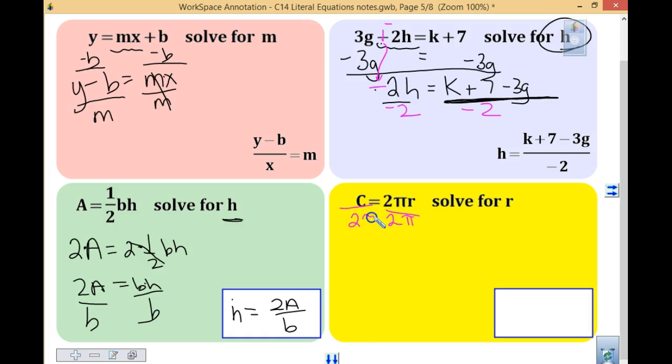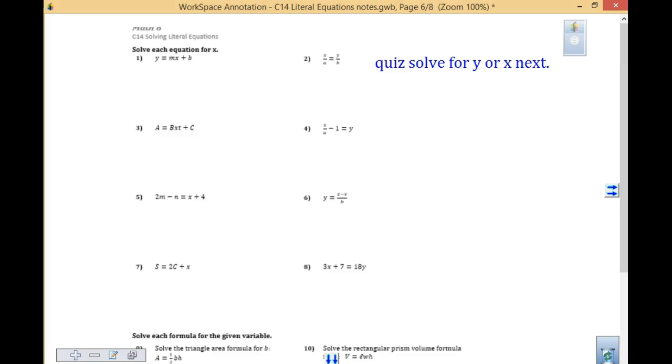What's pi divided by pi? 1. So the 2 over 2 cancels, and the pi over pi cancels, and because everything was being multiplied here, r equals C divided by 2 pi. Got to keep the pi symbol, okay? So it's ugly, right? As you do your problems, they're going to look ugly, okay?